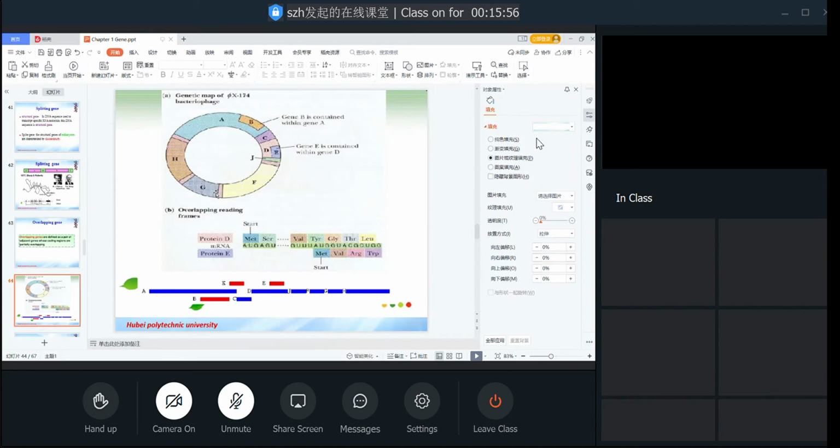For example, the gene B is contained within the gene A. The gene B sequence overlaps in gene A. And there is another kind of overlapping like this.